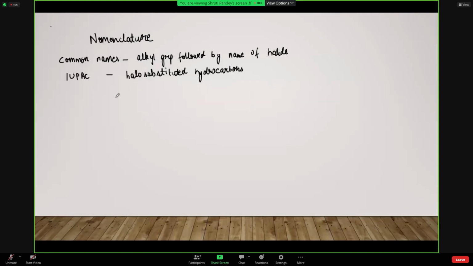So what we'll do is we'll directly go to the examples so that it will be easy for you all to understand कि difference क्या है और कौन सा ज़्यादा सही रहता है.